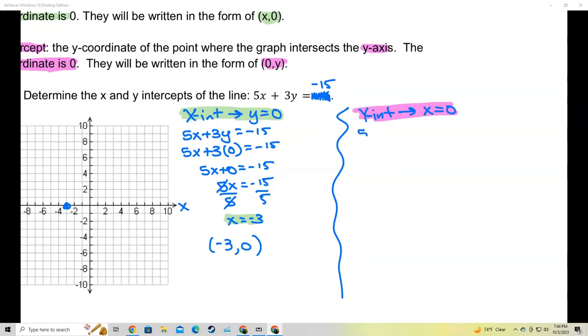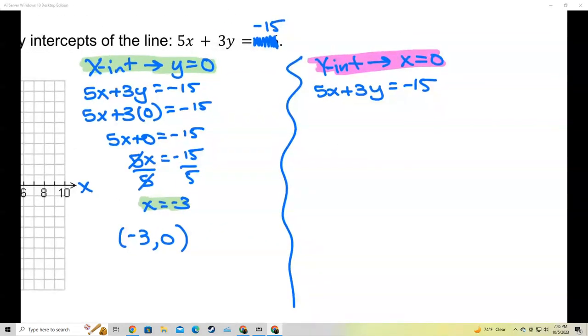I know that 5x plus 3y equals negative 15. Then, and again, we just said that x is 0, so this means 5 times 0 plus 3y equals negative 15. 5 times 0, that's just 0 plus 3y equals negative 15.